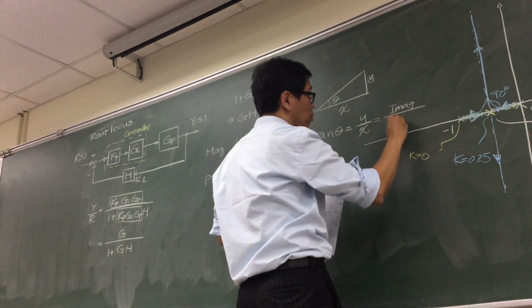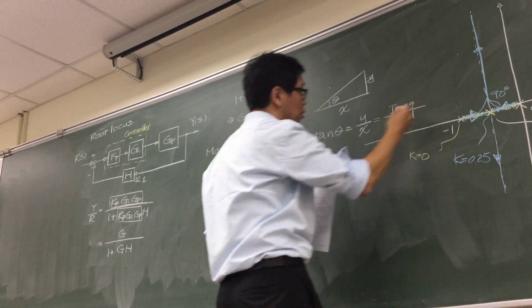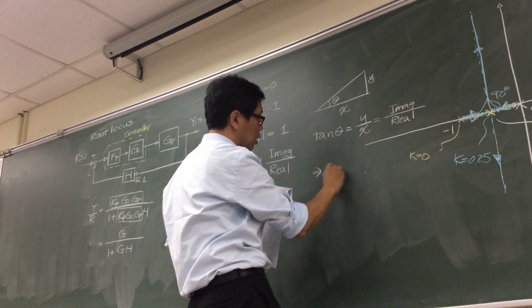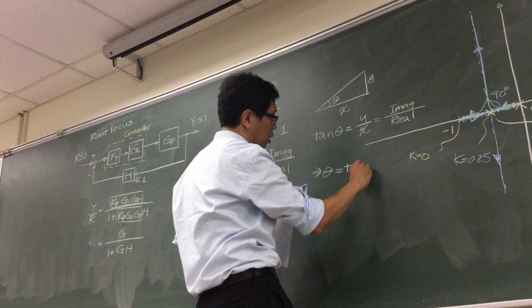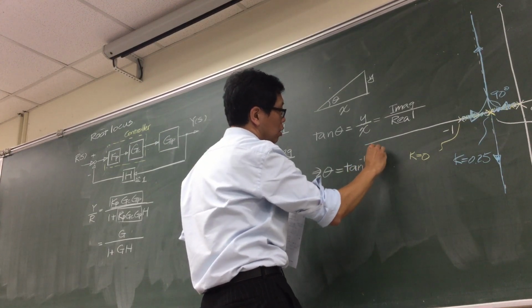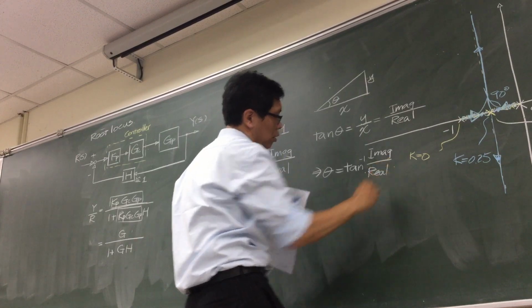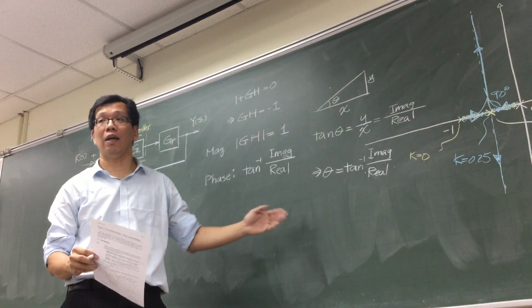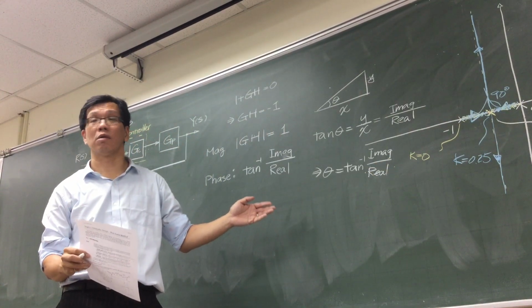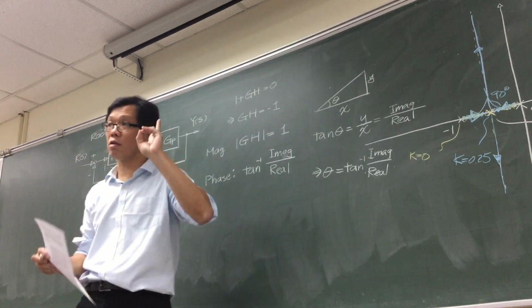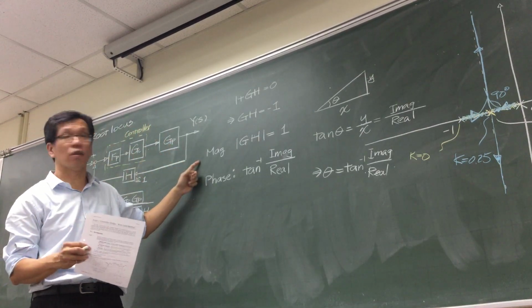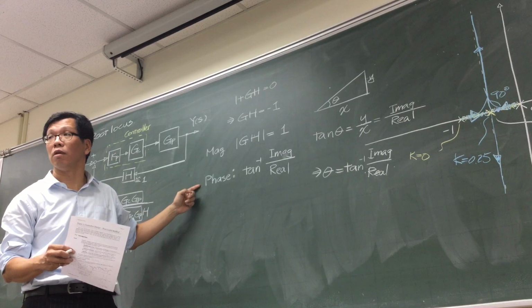The x is going to be my real part, which means my theta is going to be arctangent of imaginary over real. That is the phase when we are dealing with complex numbers. So there are two things you need to remember. One is magnitude, the other one is phase.